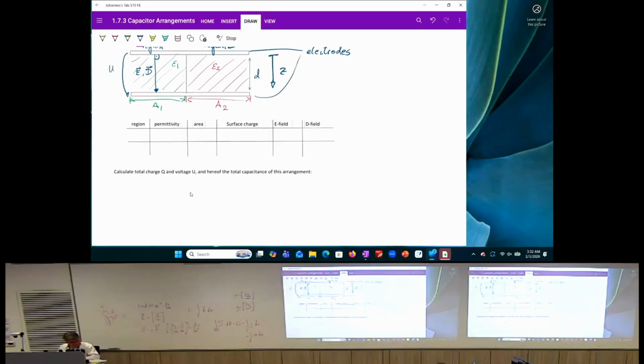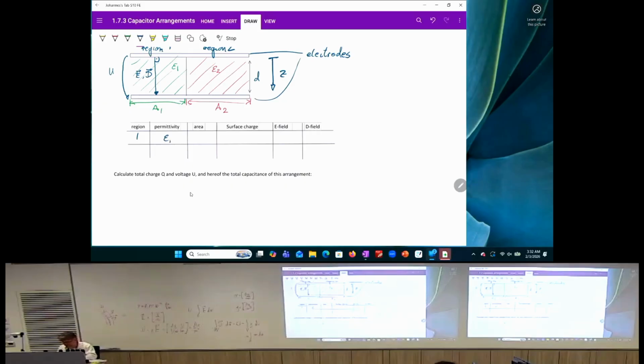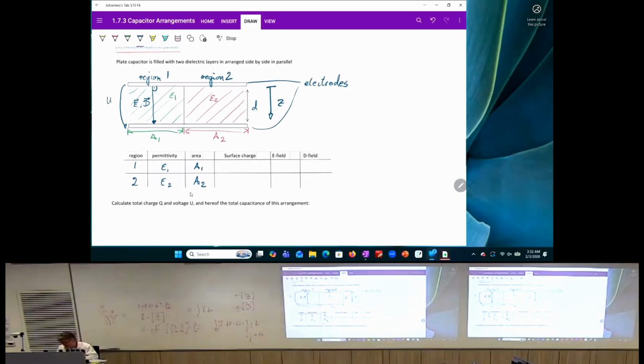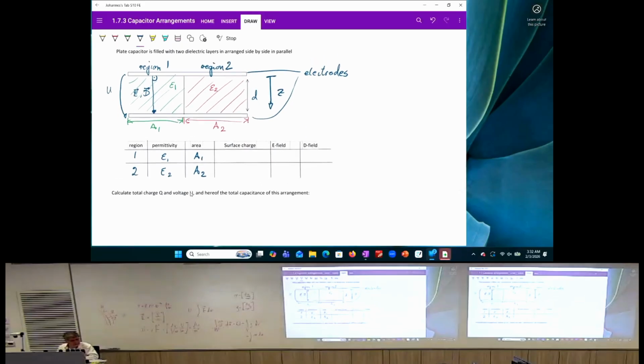So let's collect these parameters a bit. So we have the region 1. In that region 1, we have a permittivity epsilon 1. We have an area A1. Then we have a region 2. There we have the permittivity epsilon 2 and the area A2. How about the electric field? Well, that would be E1 in the region 1 and E2 in the region 2.